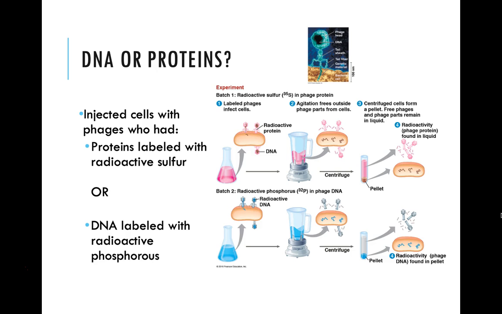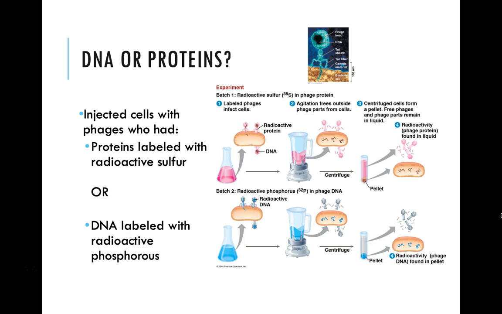And by doing that, they were able to knock the viruses off the cell, but not burst the cells. So then they separated the cells from the liquid with the virus in it and found that all of the labeled radioactive protein was in the solution around the cell. So they found that the protein was not in the cell.